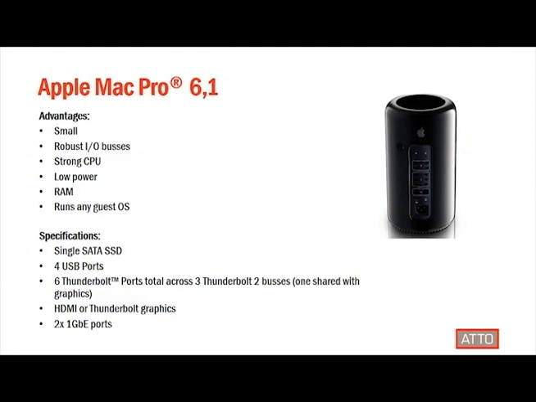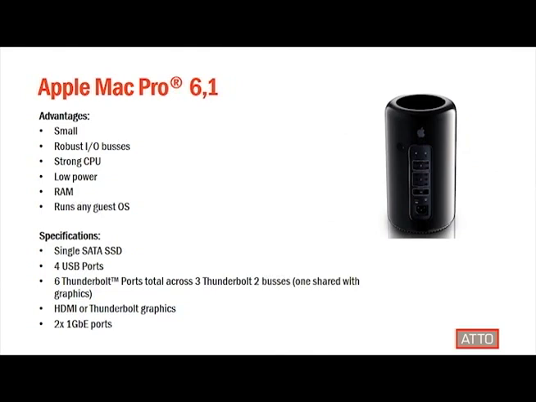So with the Mac Pro 6.1, we have a lot of advantages. It's fairly small, it's got a robust CPU, it's got a very good I/O bus, low power consumption, a fairly good amount of RAM, and as in almost any virtualized host, you can run any operating system on it. It is, in essence, an Intel server.